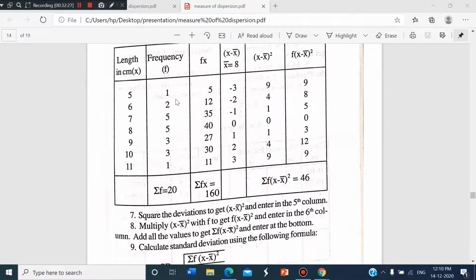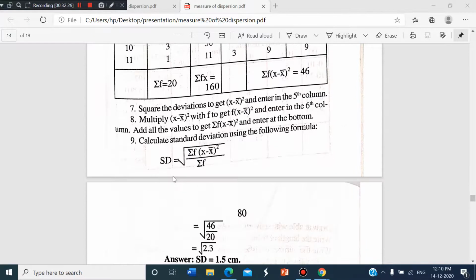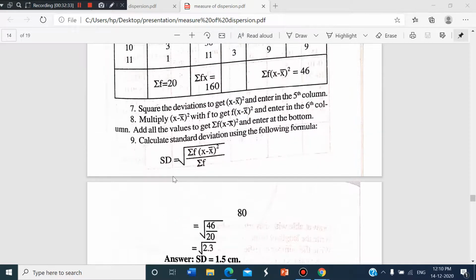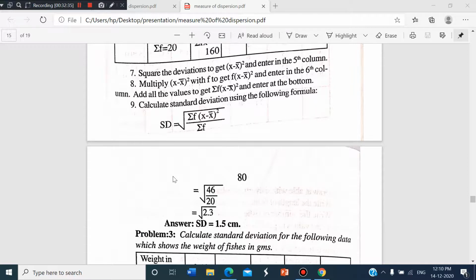If you make a total of all the frequencies, it comes to 20. So you substitute that in the following formula. Square root of summation f into x minus x bar whole square divided by summation f.